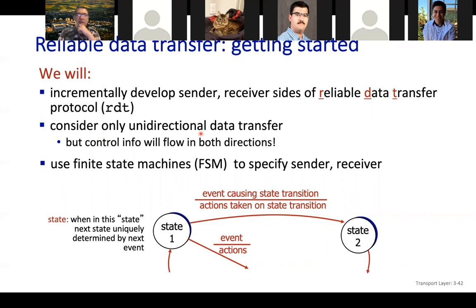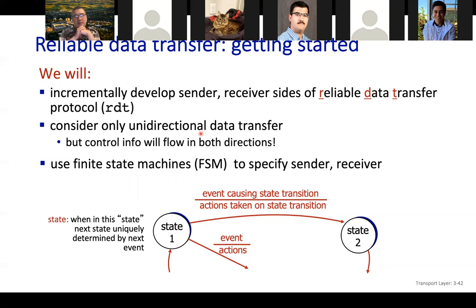And here, I think we need to introduce a new concept, maybe a little bit difficult if you haven't heard it before. For the next tens of slides, we will use finite state machines to specify the sender and the receiver. So what are finite state machines?